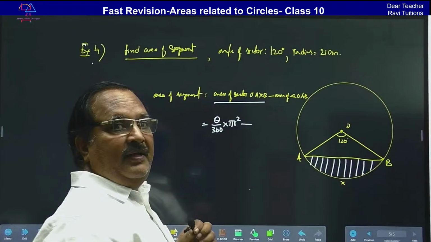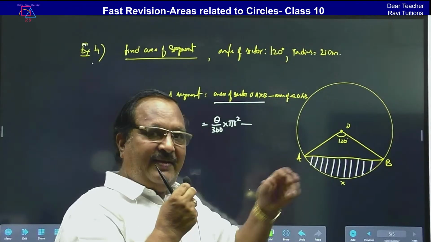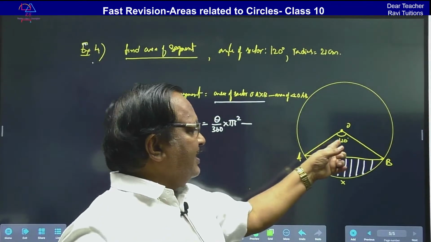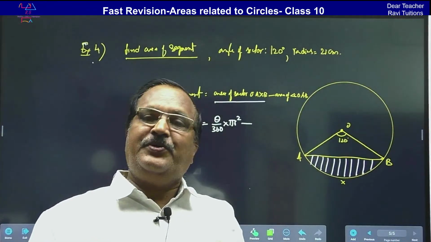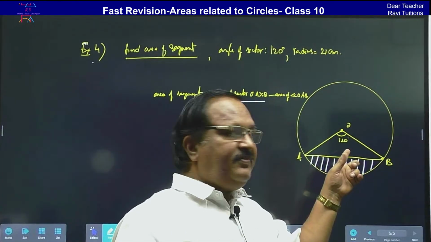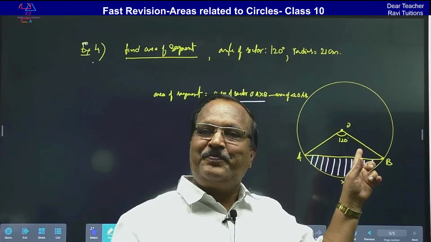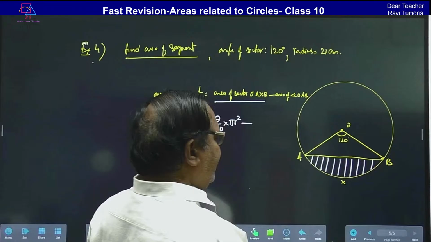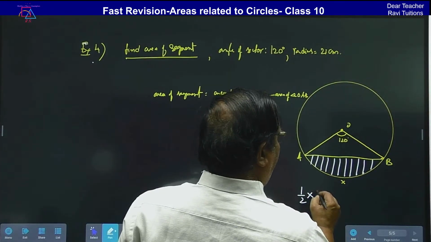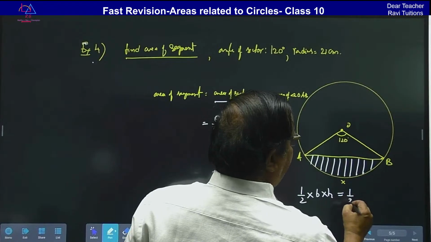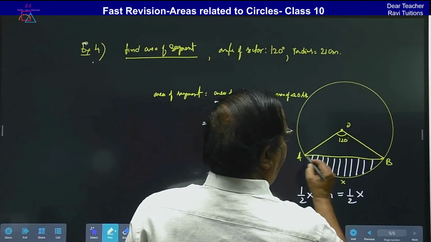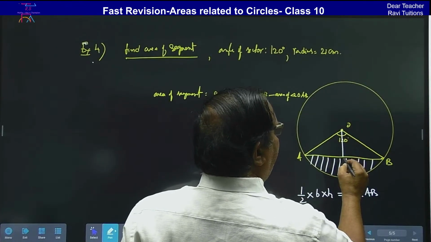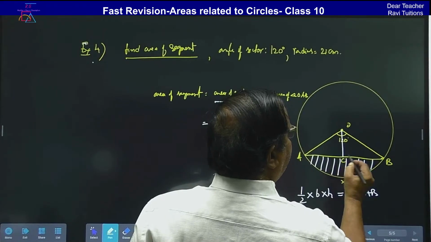Now your target is to find the area of the triangle. It is not easy because 120 degrees is there. So the main task is the area of the triangle, which is half base into height. Base is AB, height is not there, so let us draw the height. This OC is the height.